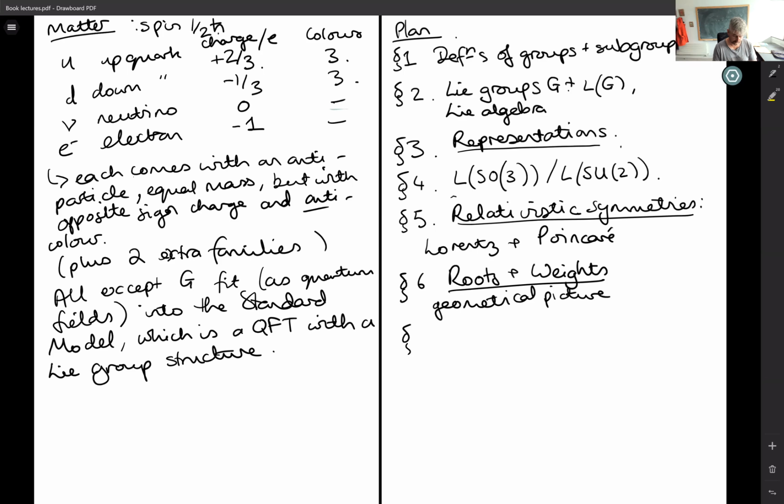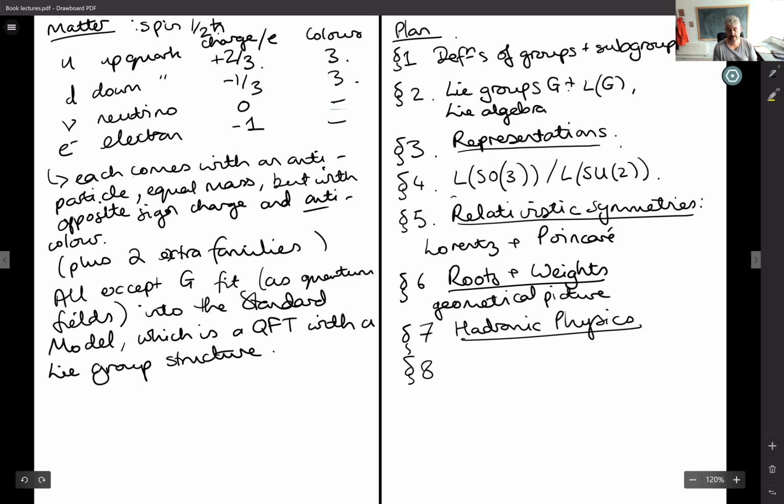Okay, section 7, hadronic physics. This is the case where we can place known hadronic particles using this approximate symmetry that there exists actually between 3 different types of quark. So this is a nice application of some of the group theory that we've developed in the previous chapter.